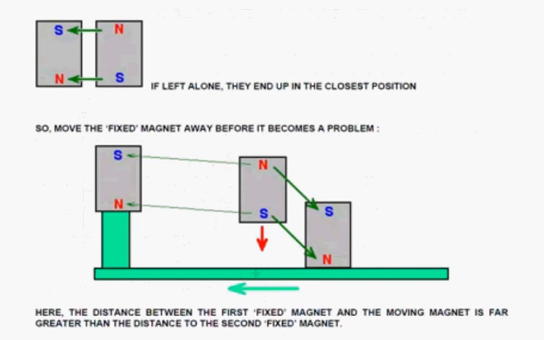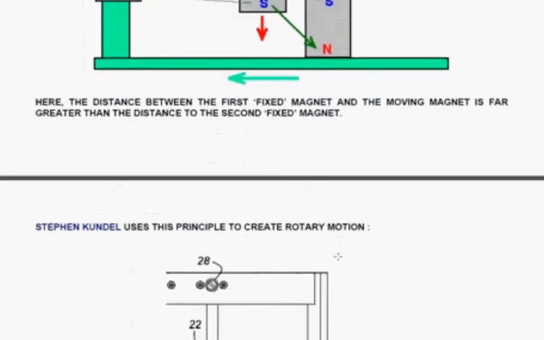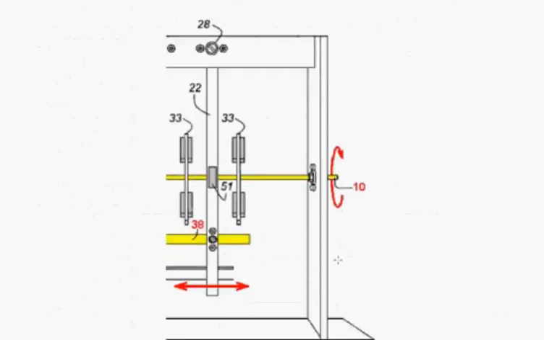So if we slide the fixed magnet to the left, and the sliding apparatus has another fixed magnet to the right, replicating the position that was there before, the downwards push on the moving magnet is continued. And if you keep doing that, you can manage to get the moving magnet going continuously.